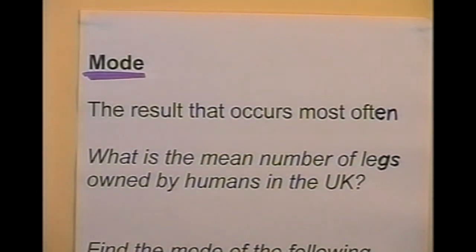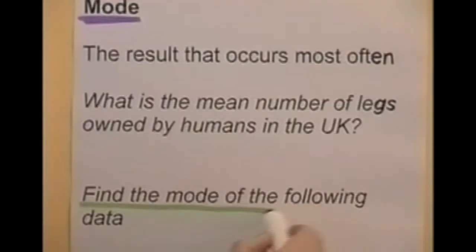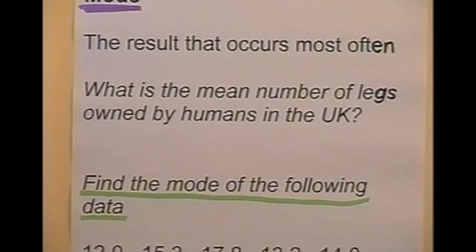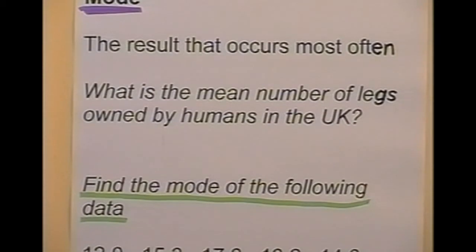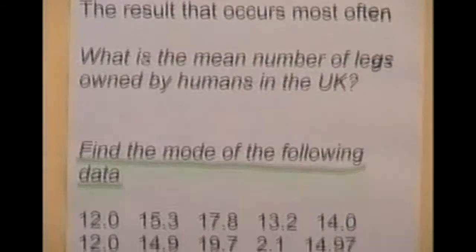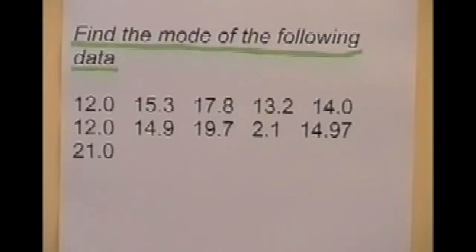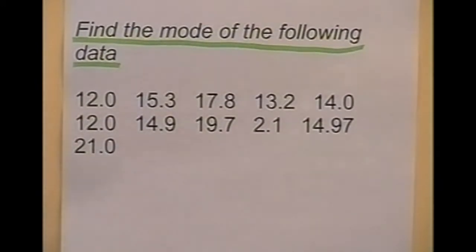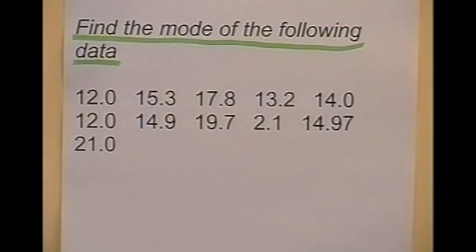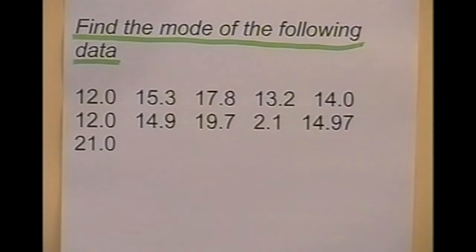And the question we have here is find the mode of the following data. What is the mode? Well, it simply means find the number that occurs most often. So let me just have a look. 12, 15.3, 17.8, 3, 13.2, 14, 12, 14.9, 19.7, 2.1, 14.97, 21.